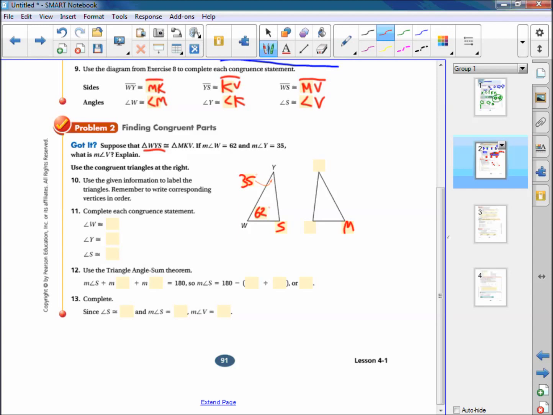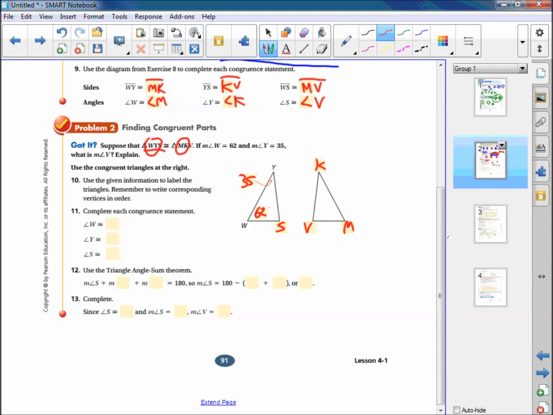And then the Y and the K should match, so the K is going to go in the top spot, and the S and the V should match, so the V would go in the bottom spot on the left here. Okay, and you could see like the YW is the longest side, so that's the first two vertices. So MK should be the longest side, which they are, because in the second triangle, that's the first two vertices. Okay. All right, so complete each congruent statement now.